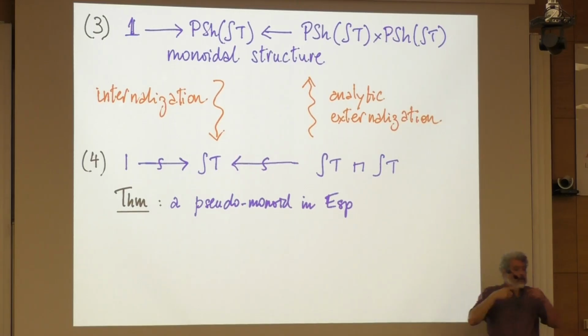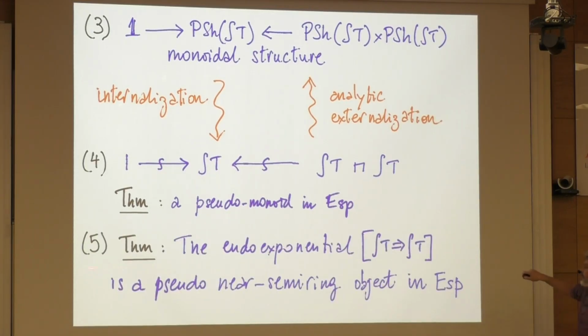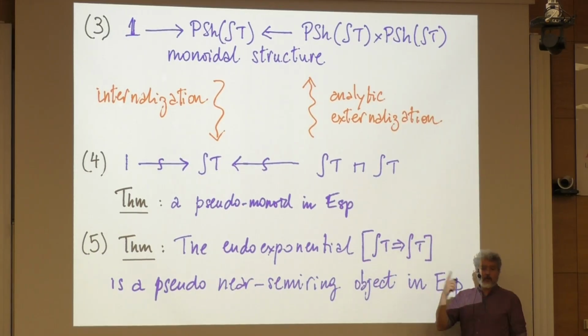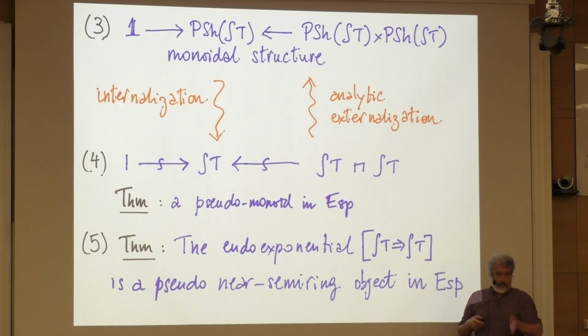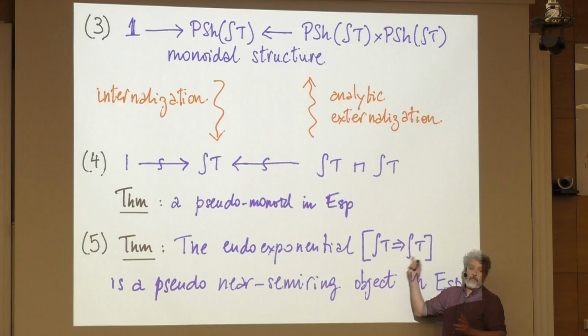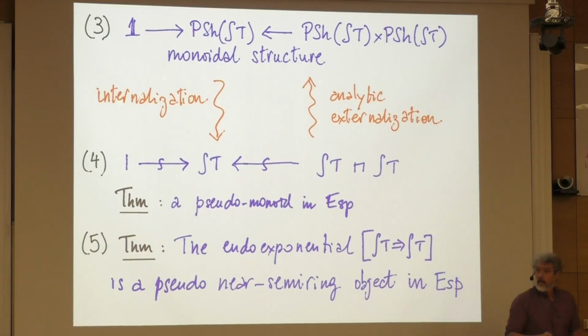So now I have a pseudo-monoid in a bicategory that is Cartesian closed. So I can consider the endo-exponential in this Cartesian closed bicategory. This gives me a pseudo-semi-ring object in species. It has two notions of composition, the one that I inherit fiber-wise from T, and the one given by composition of the exponentiation function.